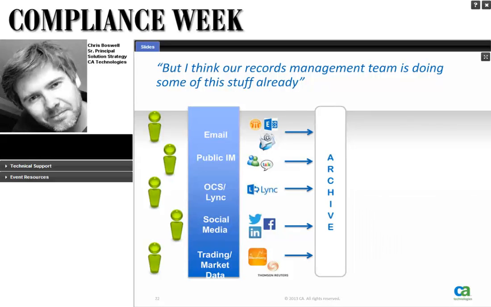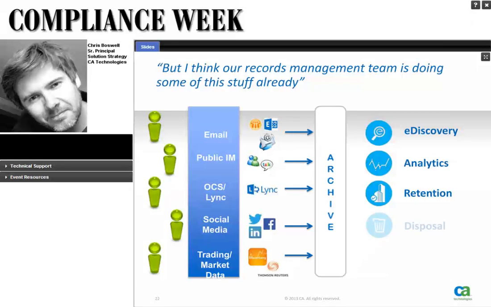But one of the first things we talk about, let's go back to building the program, is whether the types of communications are complete and adequate for the scope that you want to be monitoring. So, for example, are you doing email, public IM, OCS Link, social media? Outside of the basic archive, organizations can be doing a lot more things on top of that content, including e-discovery, analytics, retention, disposal, and supervision.